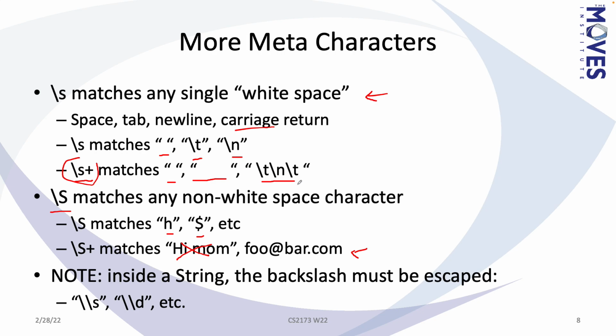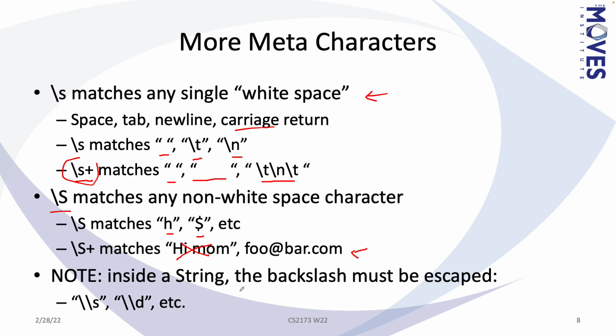Just like if you've been working with full path names on Windows in strings, you notice that the path separator, the backslash, you've got to do it twice. Why is that? Because in the string, the backslash is the escape character. If I say I don't want an escape character, I actually want the backslash, you have to escape the backslash.